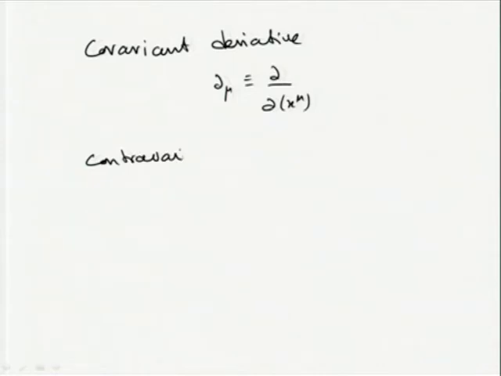The covariant derivative operator ∂_μ is defined as the derivative with respect to the contravariant vector, ∂/∂x^μ, and the contravariant derivative operator is ∂^μ, the derivative with respect to the covariant x_μ. These are the notations that we will use.